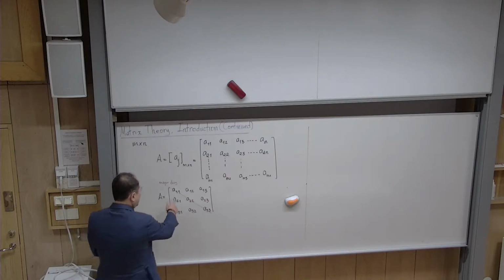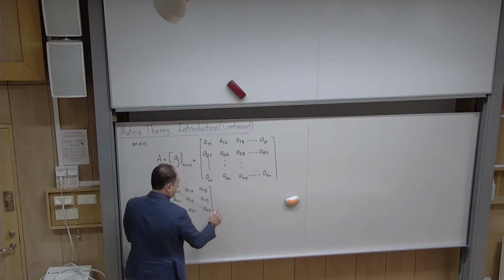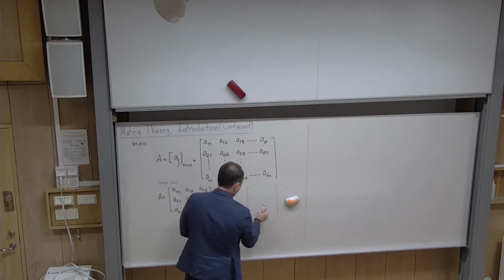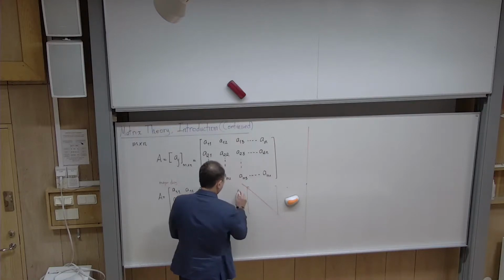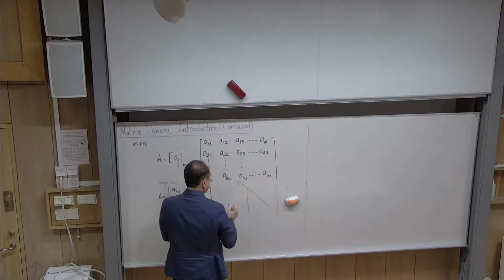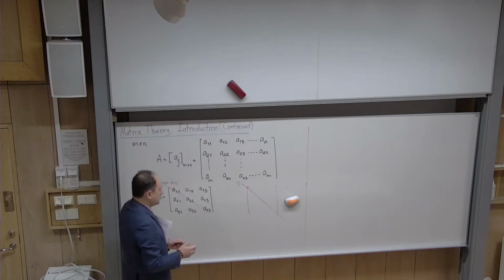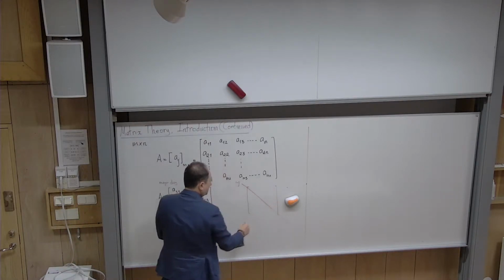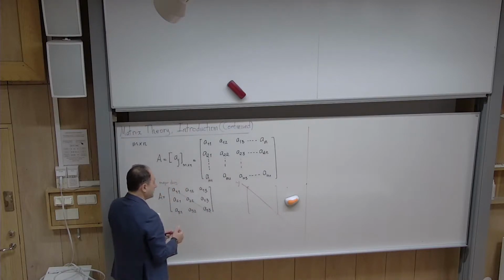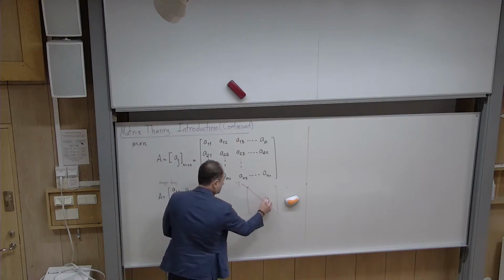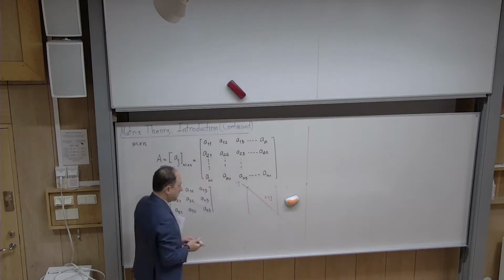Okay, so here, let me just write here. It's good to have a picture in mind. If I draw this line, I can write i equals j. Yes? So what happens on this part? The i index is smaller than the j index. So here the i index is smaller than the j index.